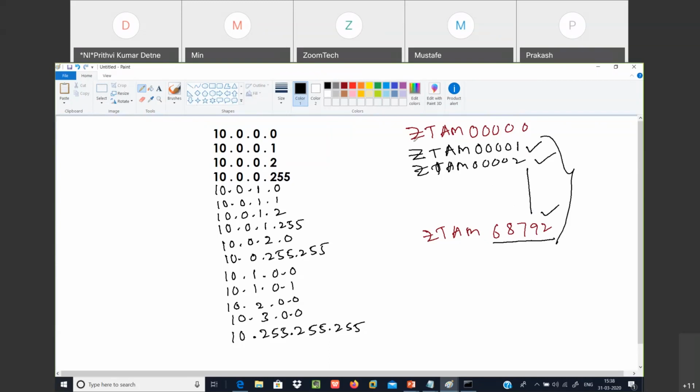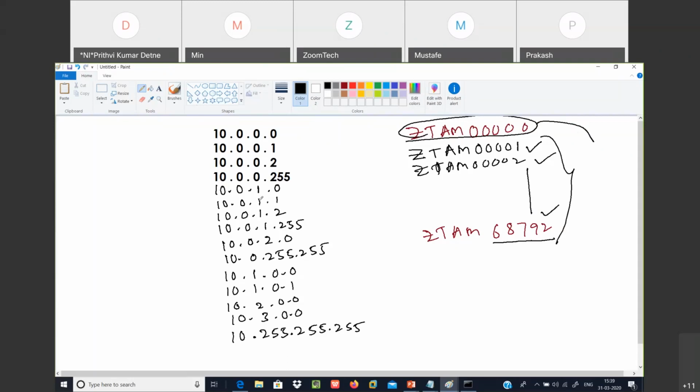But what about the first one, ZTAM00000? Can you give this ID to a student? No. This is only for the organization ID, only for identification of the company.